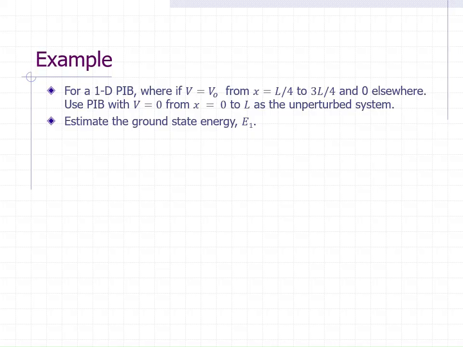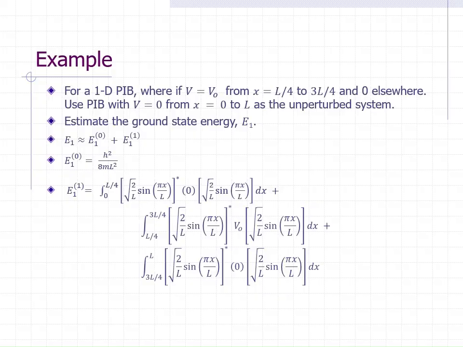So, we write the energy as approximately the zeroth order term plus the first order correction. The zeroth order energy is the familiar ground state energy, h squared over 8mL squared. Next, we compute the first order correction, which is the expectation value of the perturbing potential using the unperturbed ground state wave function.